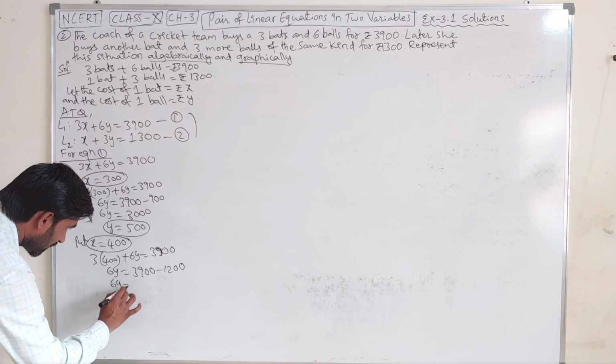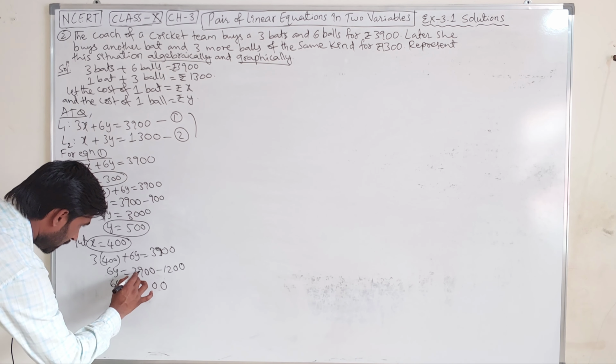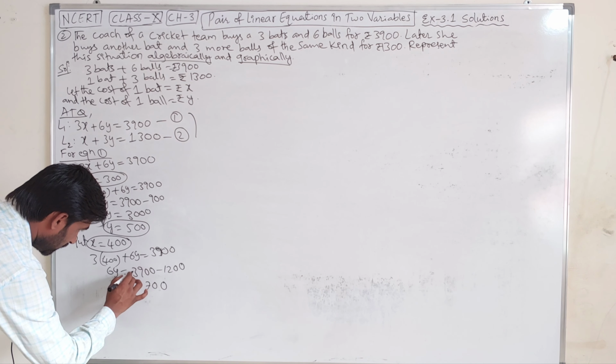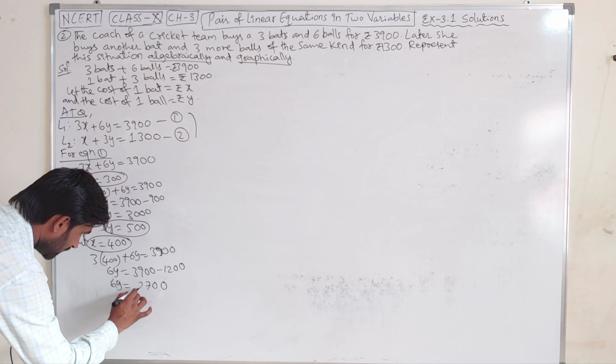So 6y equals 2700. 9 minus 2 is 7 and 3 minus 1 is 2.